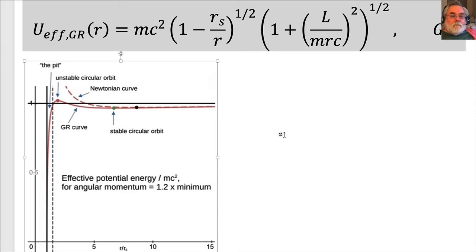The red dot here shows the local maximum of the general relativity curve, which is the radius and energy of the unstable circular orbit for this angular momentum. An object can orbit at this radius, but if it is perturbed inward and does not counter with some thrust, it will spiral into the event horizon. If it is perturbed outward and does not counter with some thrust, it will spiral outward.